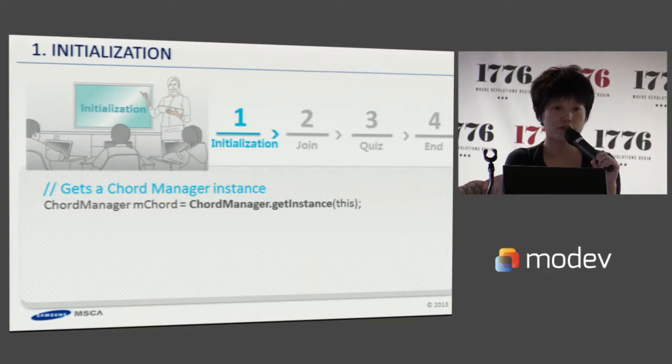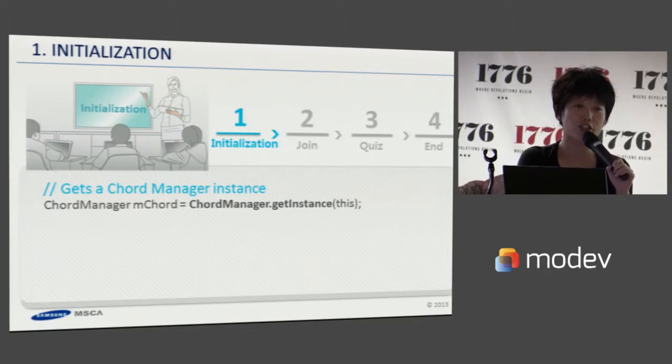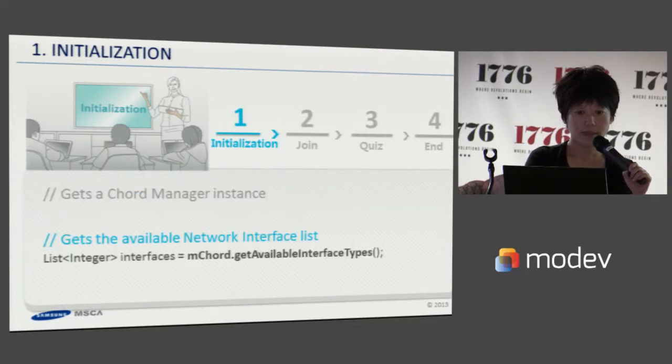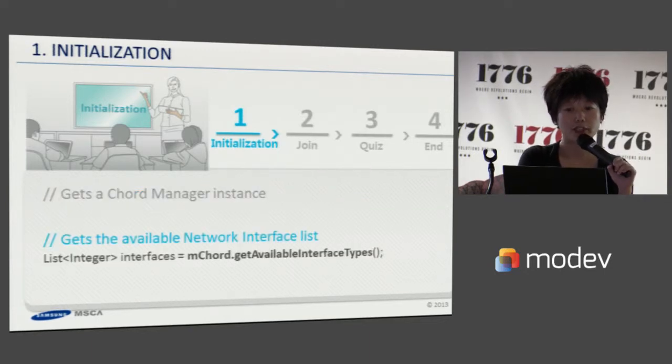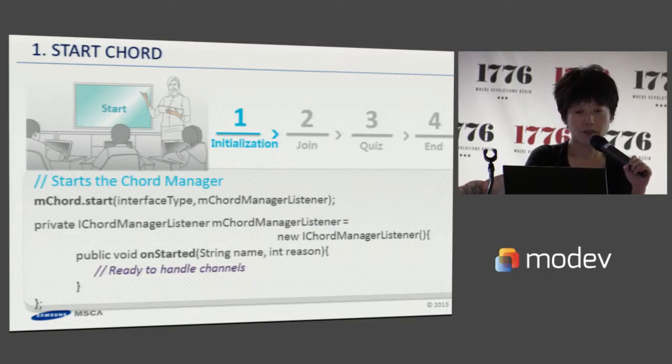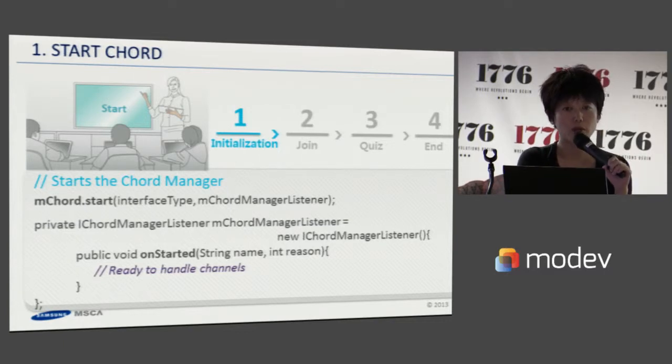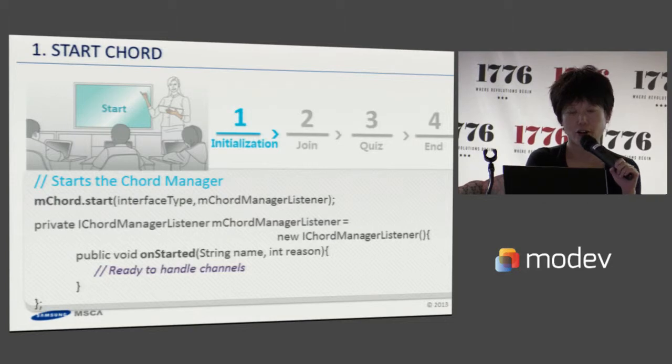Initialization step. First, we need to get a ChordManager instance within our context. Then we check the available network interface. So once we have the information, we're ready to start ChordManager on our device.